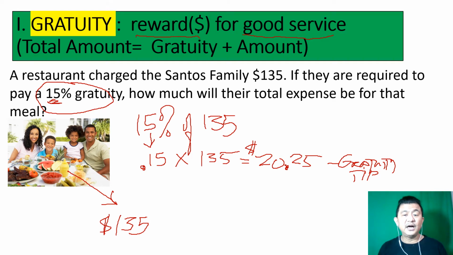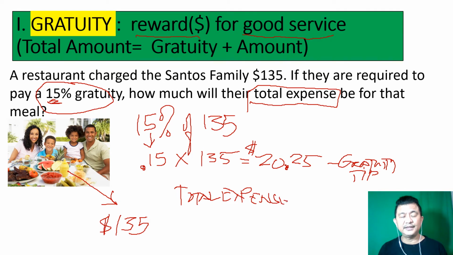So at the end, how much is their total expense? They will not just pay 20, they will include the 135. For the total expense, you can now add the meal cost, 135.00, plus the tip, 20.25.